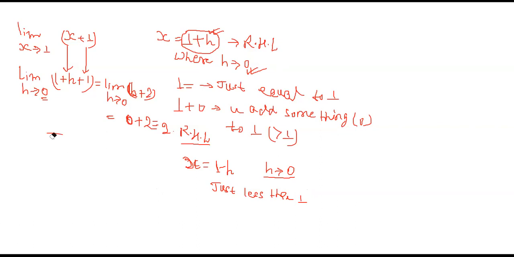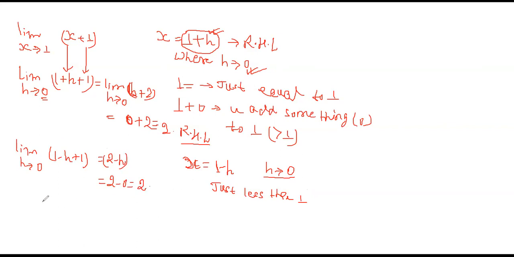Now, you will put x is equal to 1 minus h. You will write limit h tends to 0, 1 minus h plus 1 equal to 2 minus h. When you put 0, then it will be equal to 2 minus 0 equal to 2.